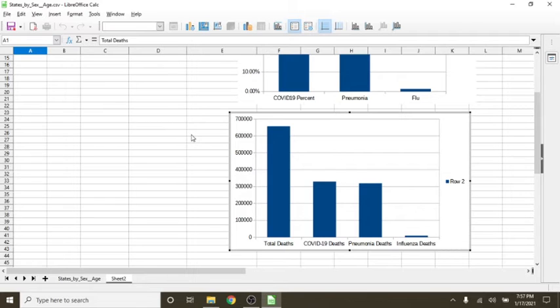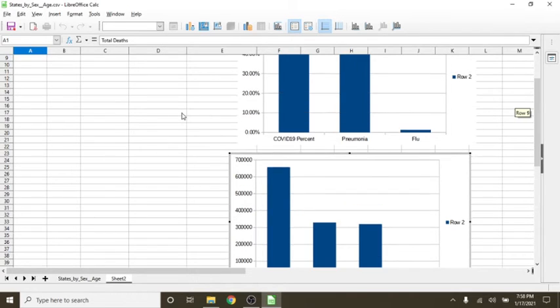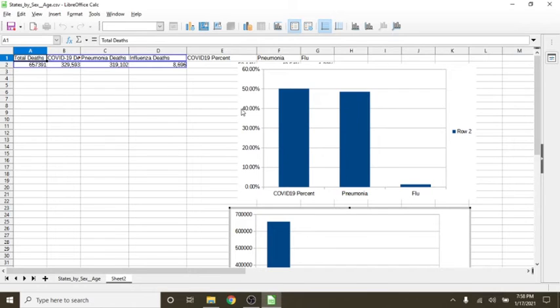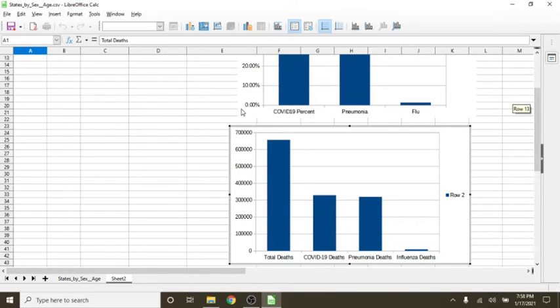Is that a coincidence that COVID-19 deaths and pneumonia deaths are almost equal? Again, total deaths is a total of these three numbers here. Influenza deaths, interestingly enough, didn't account for a whole lot, did they? All right, so there we see it. I think this is fairly telling.